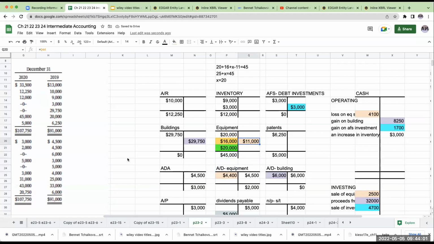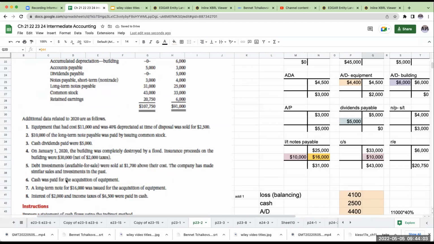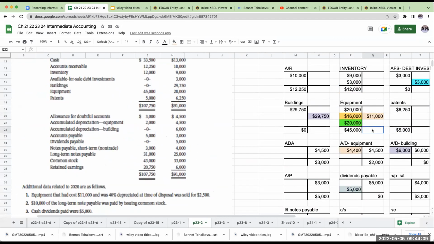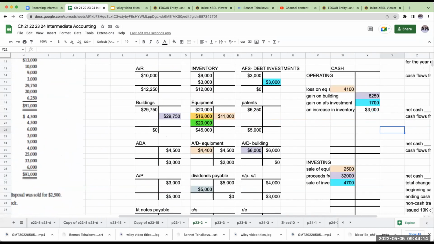So if you assumed that cash was paid for equipment before you dealt with the long-term note, you would have gotten that wrong. That's why on my exams I usually list out that any other equipment purchases were made in cash. So over here for investing, I'm going to say purchase of equipment, because that's where the purchase of equipment goes.